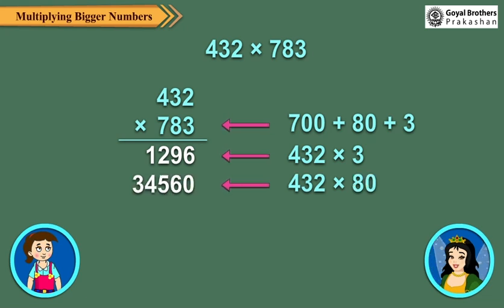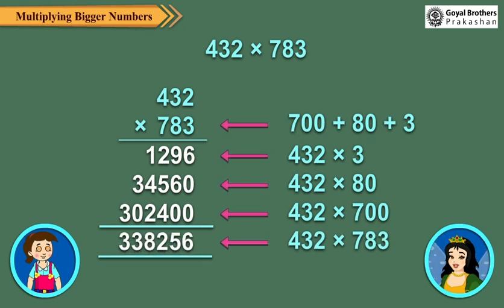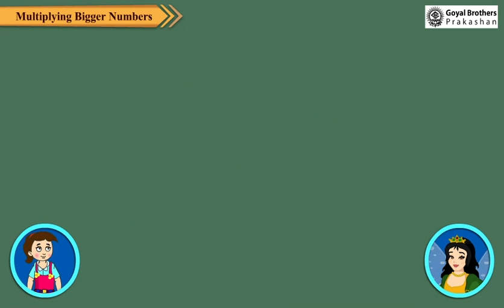Since 8 is at tens place, multiply 432 by 80 and write the partial product. 7 is at hundreds place, so multiply 432 by 700 and write the partial product. Finally, we add these partial products to get the desired product. In short, the above process can be shown as follows.